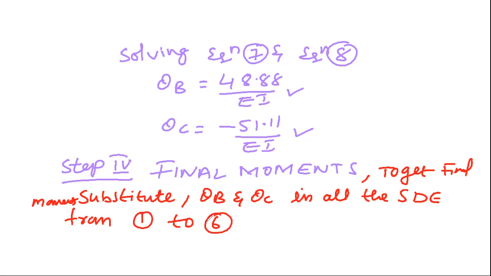The 7th and 8th equations are our equilibrium equations. 1 to 6 are our slope deflection equations.